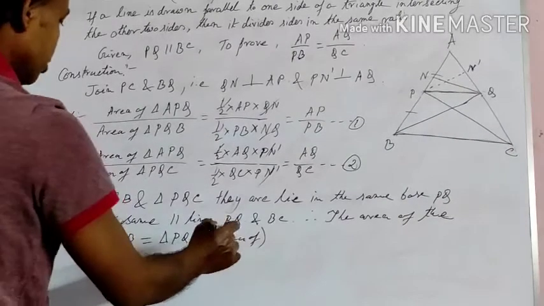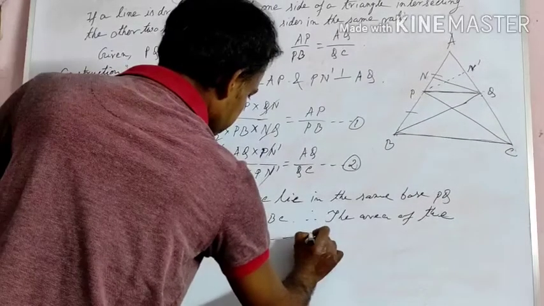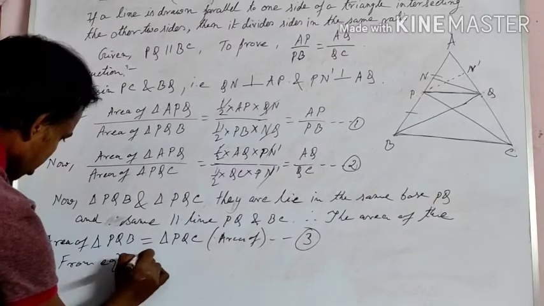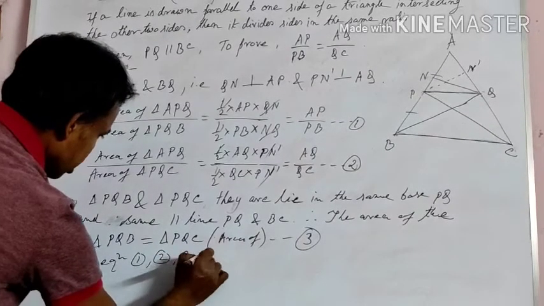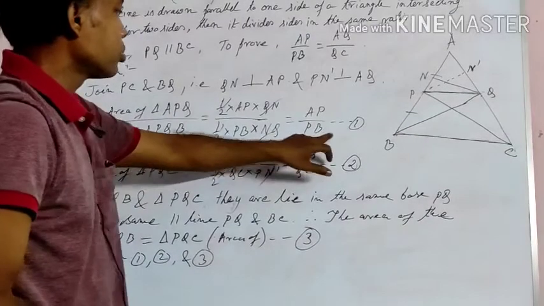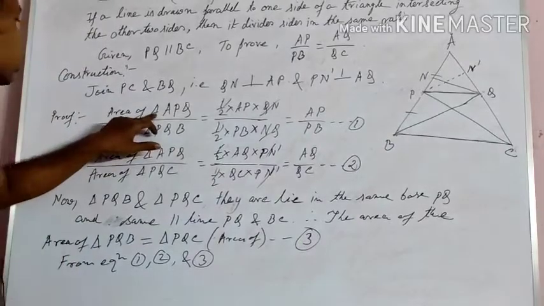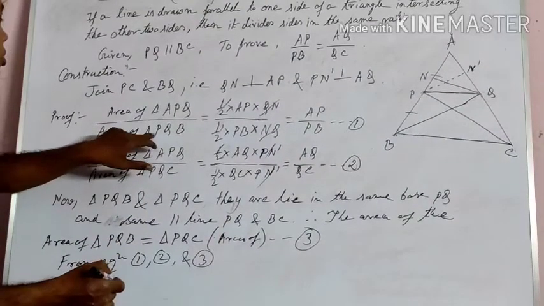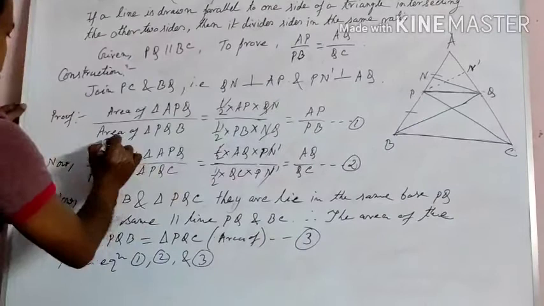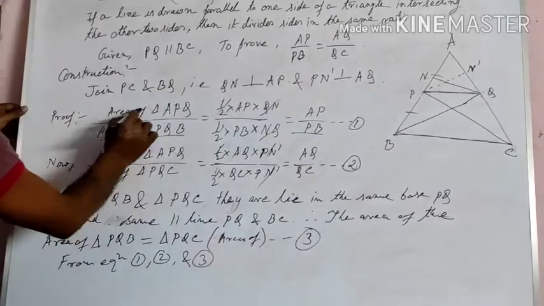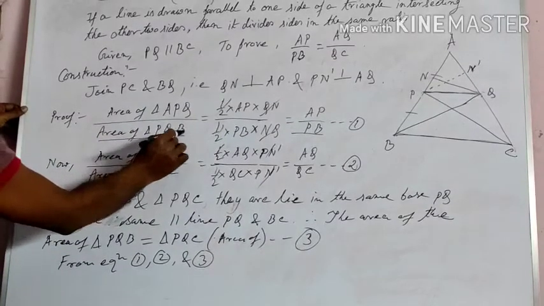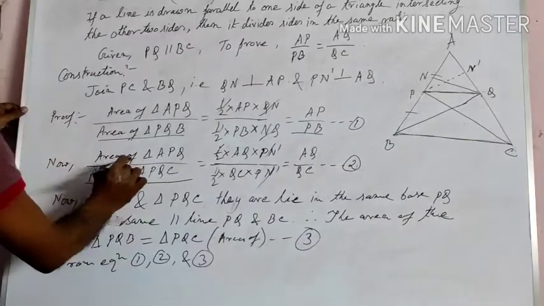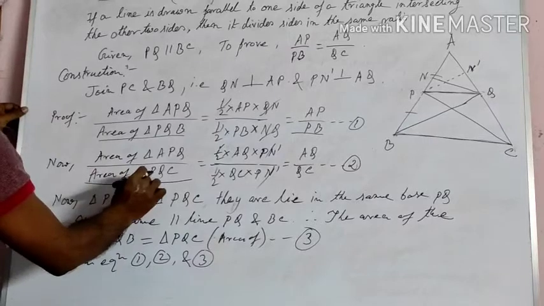From equations 1, 2 and 3: equation 1 is area of triangle APQ by area of triangle PQB, which equals AP by BP, and equation 2 is area of triangle APQ by area of triangle PQC.